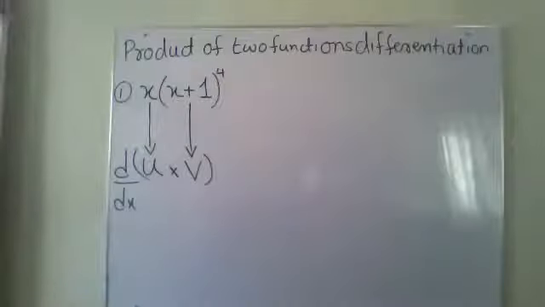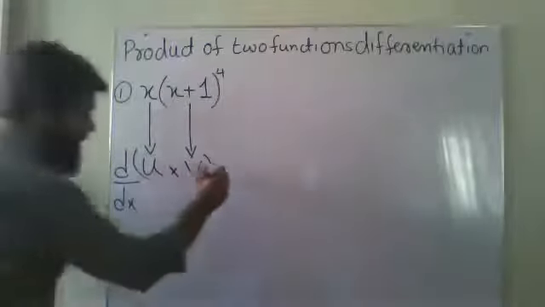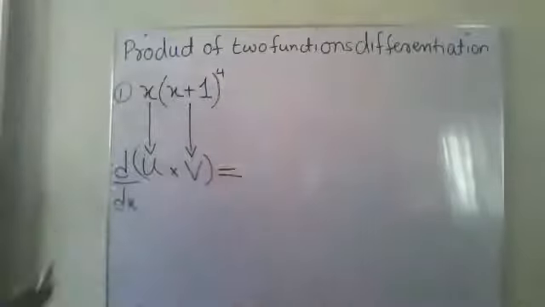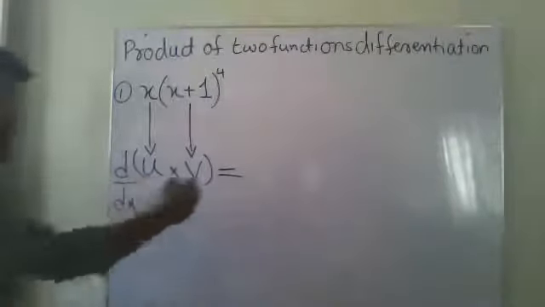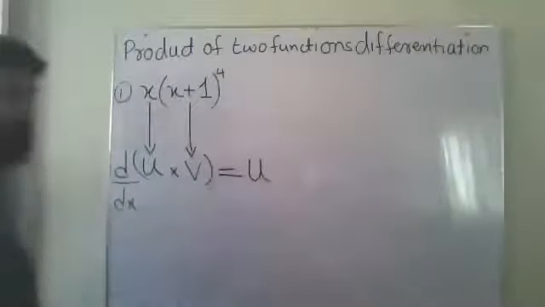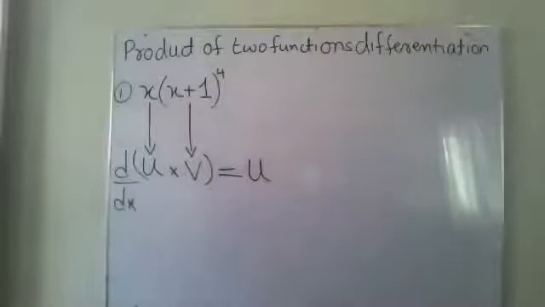I'm telling you that rule. The rule says, what will you do? First of all, you will write your first function as it is. You will not do anything with your first function. You will just write it as it is.